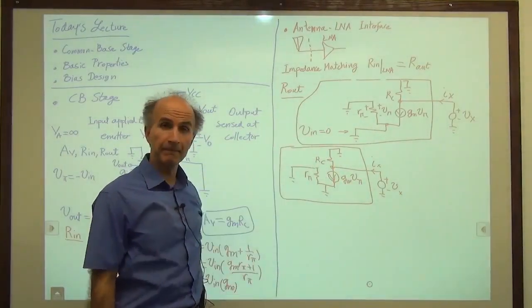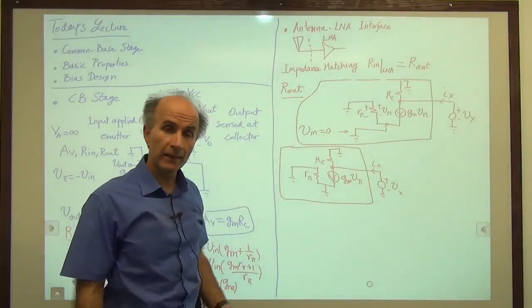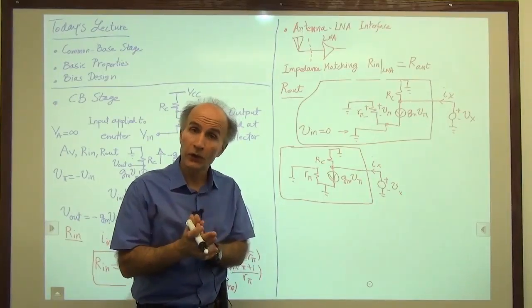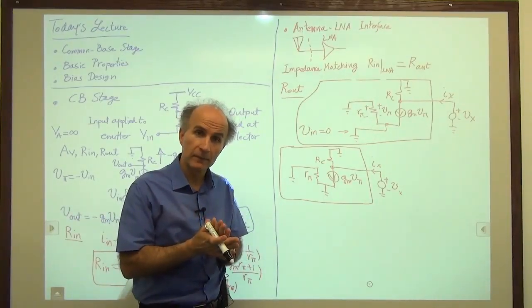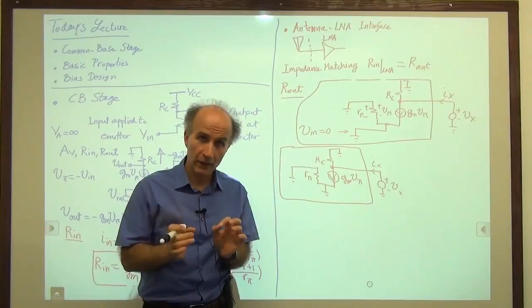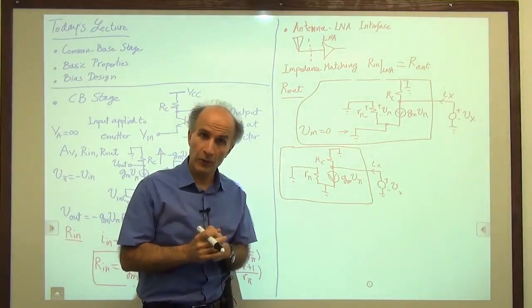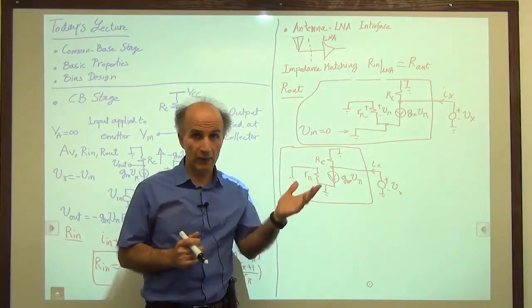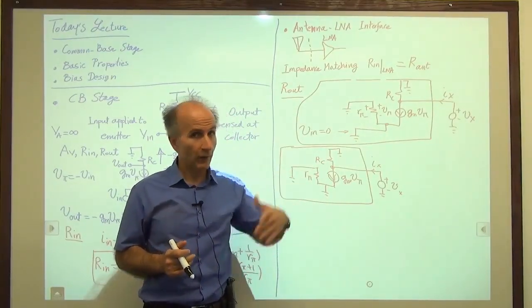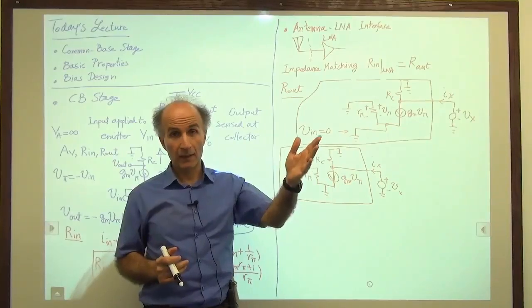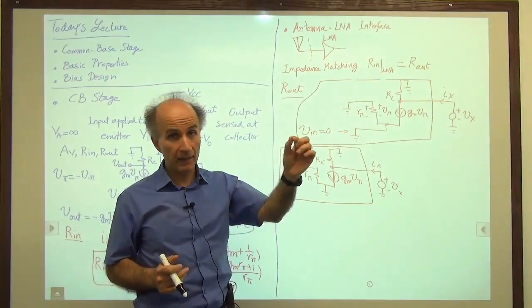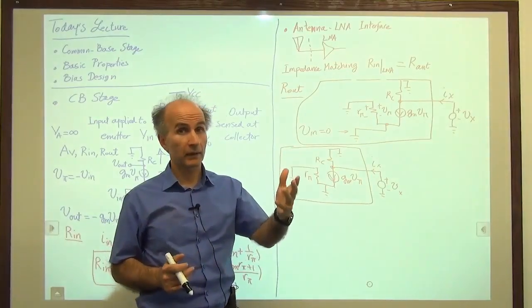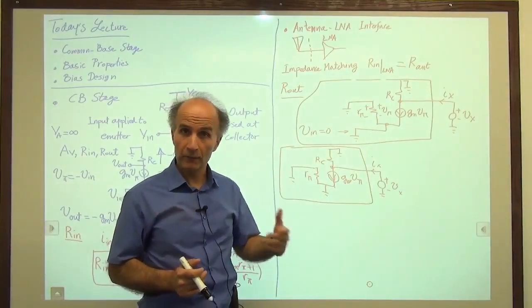They're the same. And this is because when we are calculating the output impedance of the circuit, we don't know where the input is. I repeat, when we are calculating the output impedance of a circuit, we don't know where the input is. Why? Because the input was set to 0. Whatever it is, voltage or current was set to 0. We have no idea where it is. Is the input connected between base and ground, common emitter stage, or is it connected between emitter and ground, common base stage?